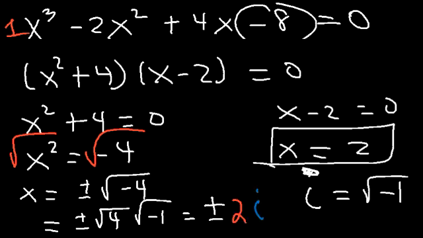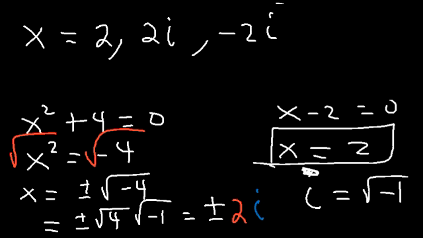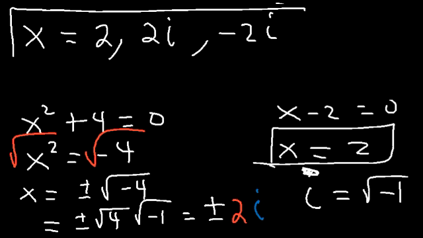So it's plus or minus 2i. So therefore, the solution to this equation is this. We have one real zero, or one real solution, which is 2, and we have two imaginary solutions, 2i and negative 2i. So there's a total of 3 solutions.